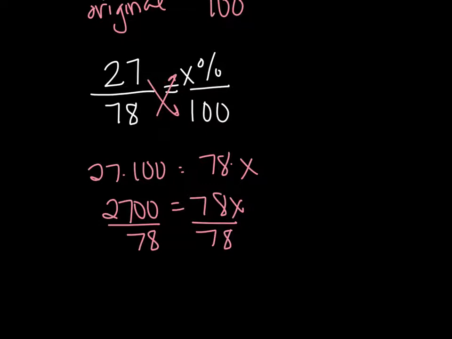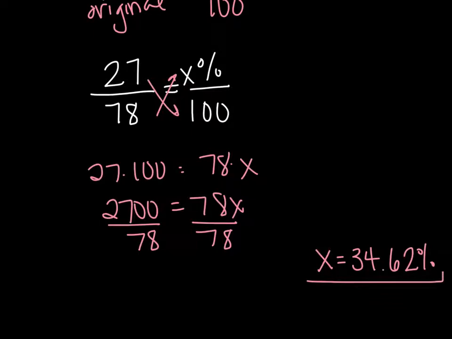And it shows me that x is equal to 34 and 62 hundredths percent. Okay. On the previous problem, I had the exact same answer, even though I did the steps in a little bit of a different order.